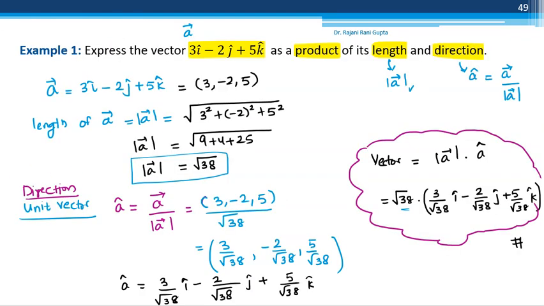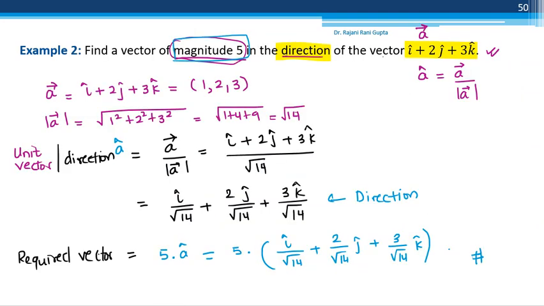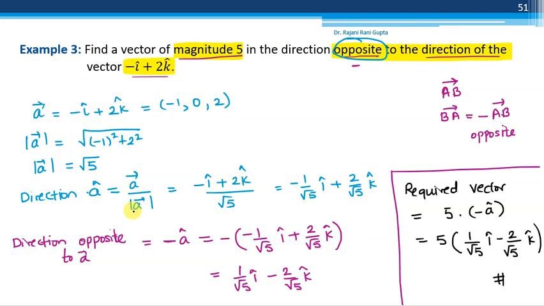So as we did in this example, if it is in the same direction and magnitude is given, multiply the given magnitude with the direction, which is the unit vector. Okay. And if it is in the opposite direction, just put the negative sign and multiply with the magnitude. They may change the magnitude to 7, 8 or any other number. So it will get affected only here. Okay.